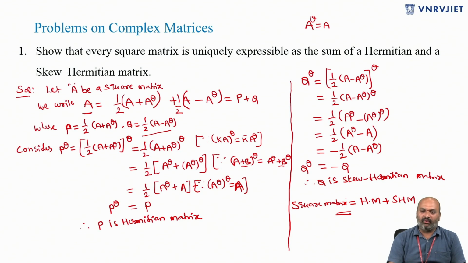Generally, to prove that such a thing is unique, we assume that there exists another such thing, and finally we have to show that both are the same.